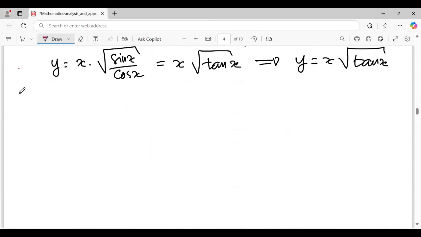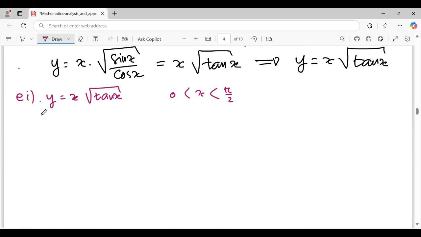Right. Part E. y equals x square root tangent x, with interval 0 to pi over 2.